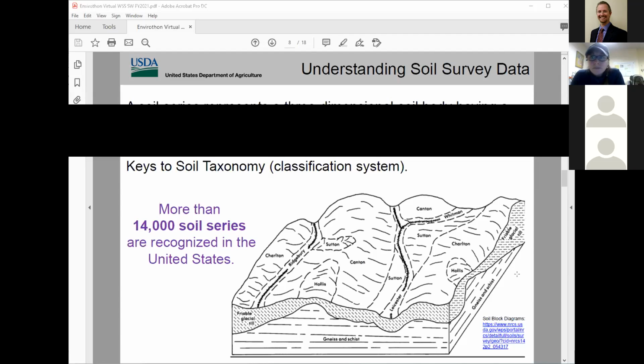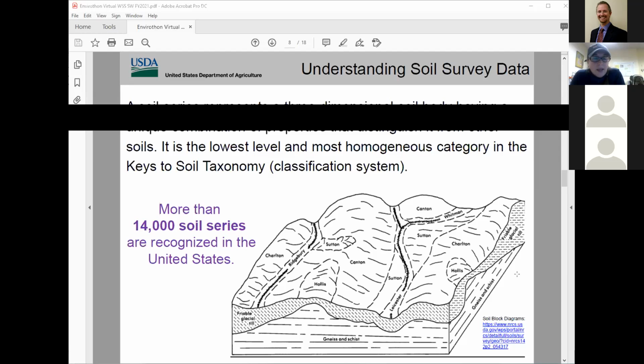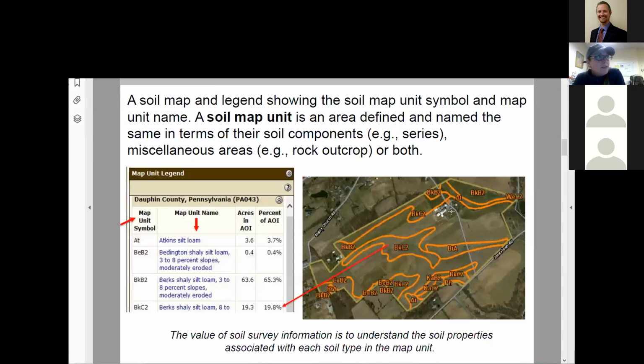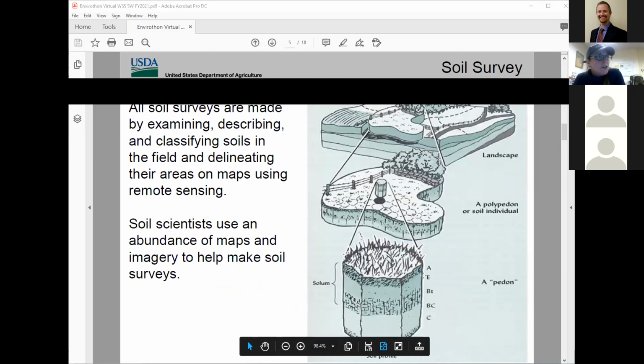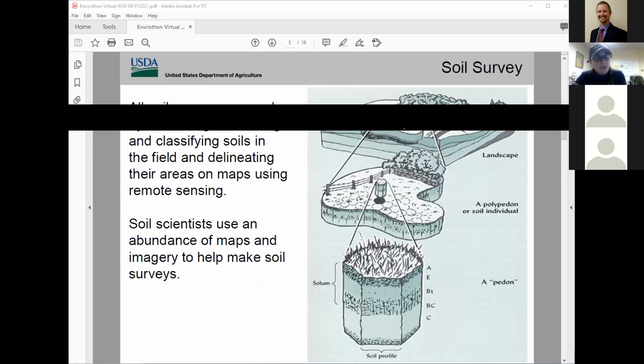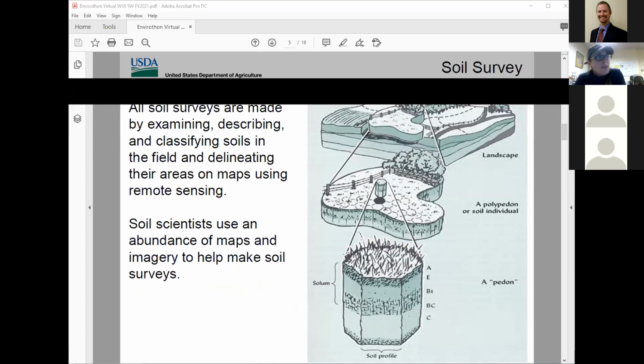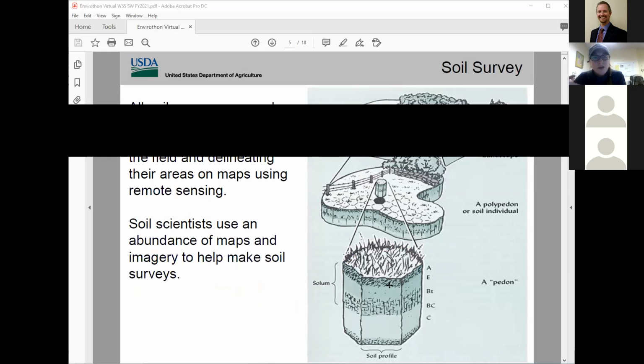Debbie, how big is a pedon? A pedon is the smallest unit. If I go back, you didn't see this long enough. We look and map different landscapes, and we can tell that soils fall in different landscapes or landforms. When we pull this polygon out, it's called a polypedon, and we can pull out one individual unit, and that's called a pedon.